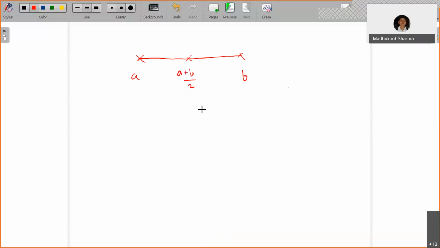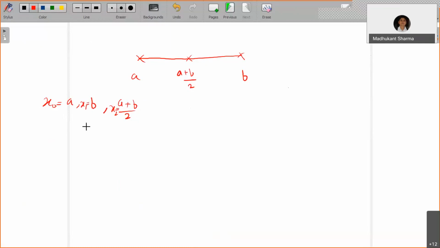So we are going to take the order: the first point is a, the second point is b, and the third point is a plus b by 2. So x0 is a, x1 is b, and x2 is a plus b by 2, due to the uniqueness of the interpolating polynomial.